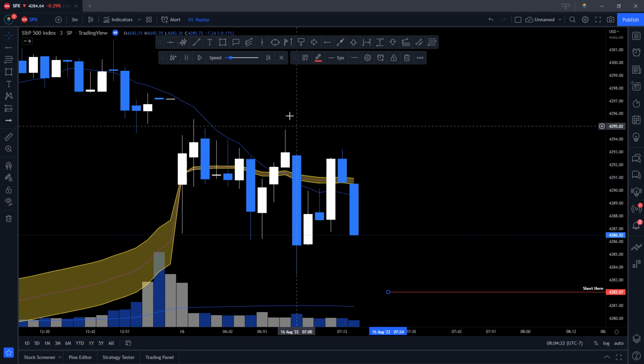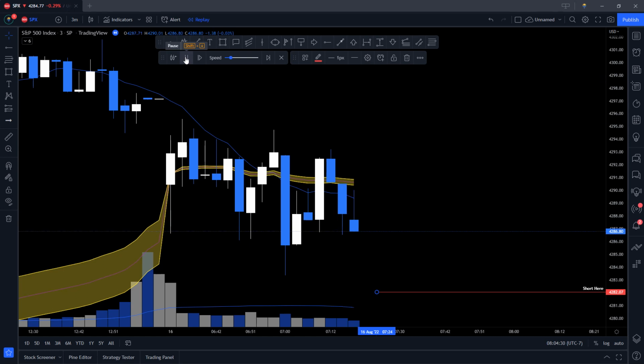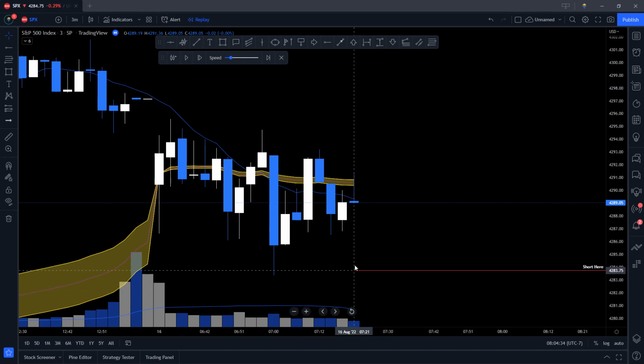And we're still in this tight, 10-point range. So here, candle closes below. Now we're going to be waiting for our second candle to close below. And we've got it here.